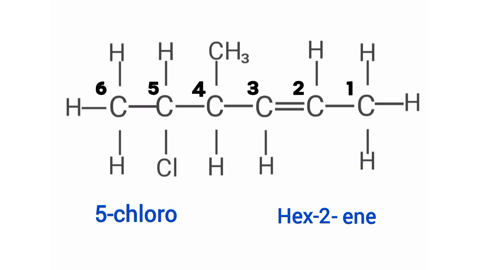Then we have a methyl on carbon 4, it would be 4-methyl. Remember, we write substituents alphabetically. So we write chloro before methyl. So the name of this organic compound is 5-chloro-4-methylhex-2-ene.